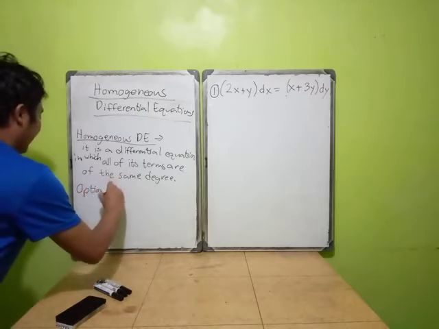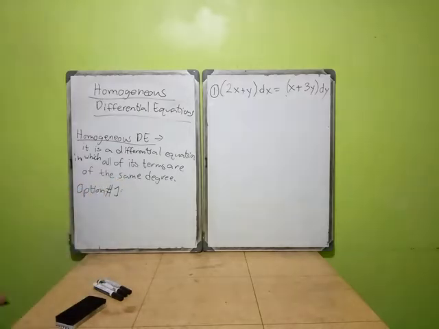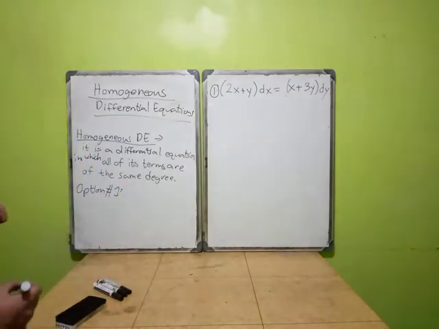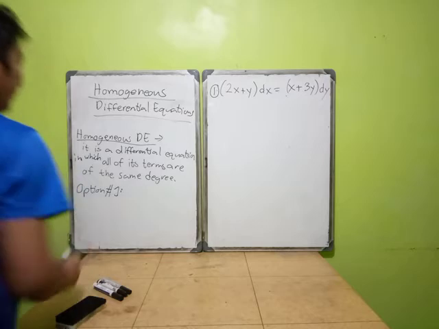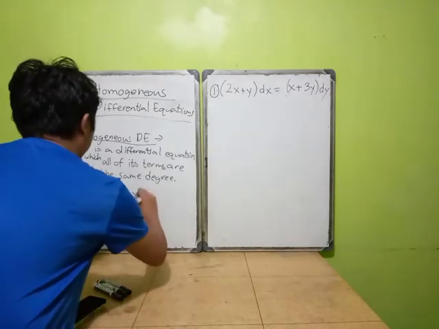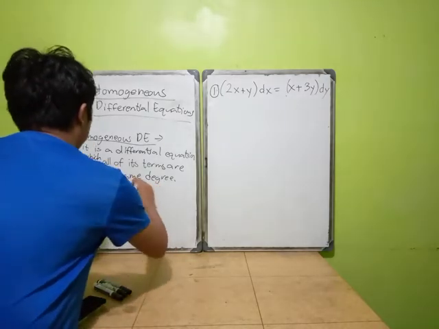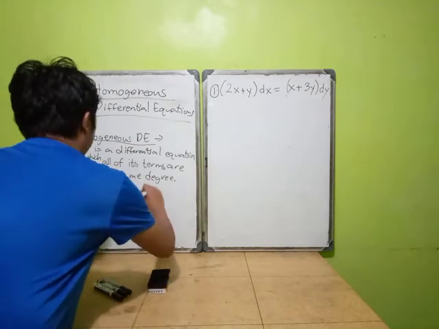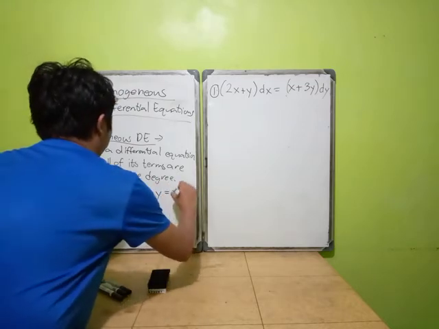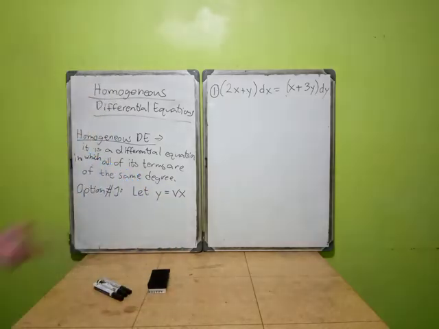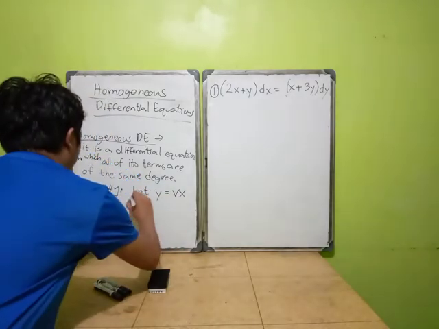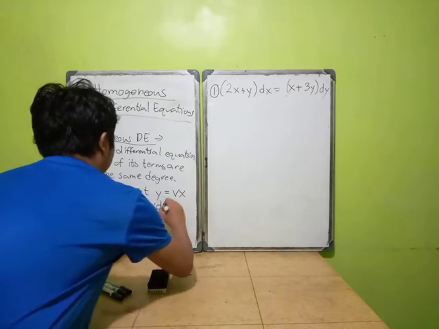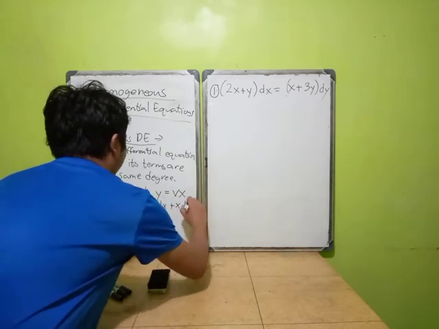So, meron tayong option number 1 in which gagawin natin, i-replace natin, for example, si y. Let y is equal to vx. So therefore, si dy is magiging v dx plus x dv.